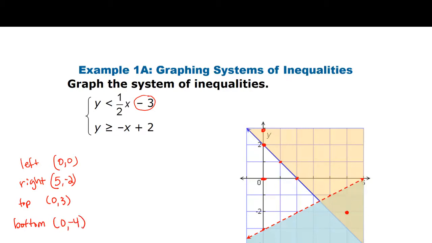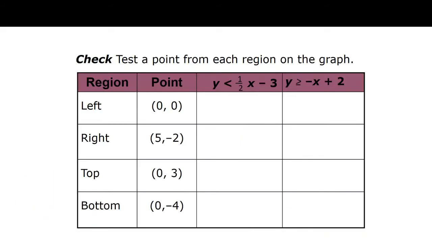So now what we're going to do is just put each of these coordinates back into our equations, and we want to check to make sure that this right point right here, for sure, 5, -2, is the solution that is true. So just in the interest of time, let me just remind you, the overlapping region is the solution region, but let's check it to make sure.